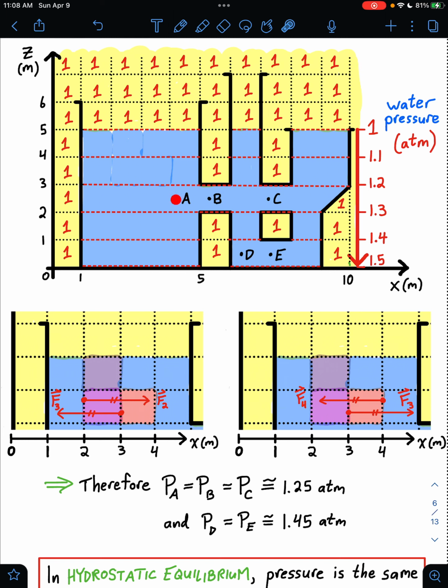Therefore, coming back up to this picture, if A, B, and C are all on one horizontal line, then the pressure at A equals the pressure at B equals the pressure at C. And it looks like it'll be about midway between these two marks, so about 1.25 atmospheres of pressure at those 3 points. If we go down, then the pressure increases, but as we go horizontally, the pressure stays the same. So the pressures at D and E will be the same, looks like about 1.45 atmospheres.